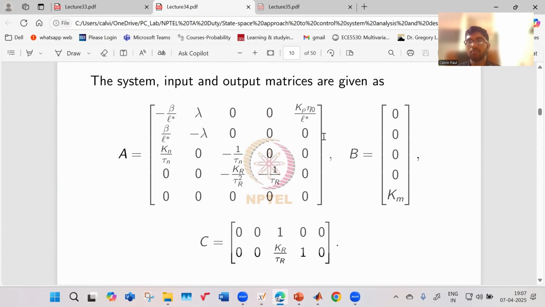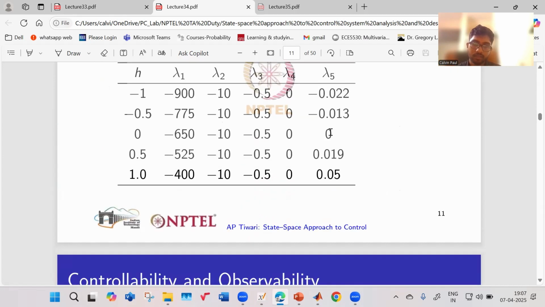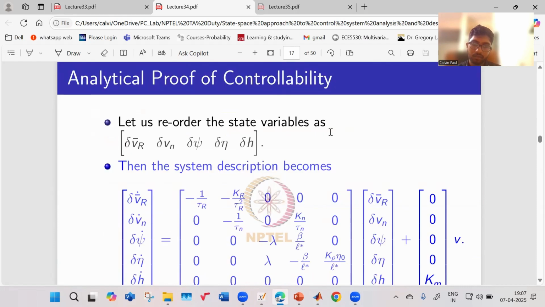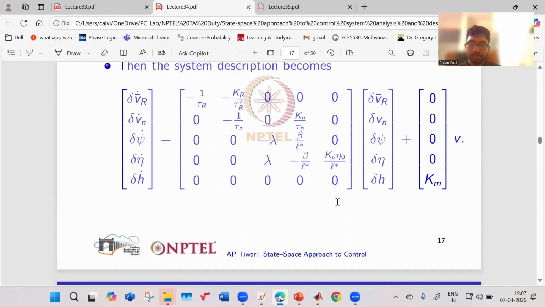If eta naught is 0, there's no impact of the fifth state on the first state, no impact of the control input on the first state, and then we lose control. So to ensure that the system is controllable, eta naught must be greater than 0. That's why Sir has reordered these states into this format.